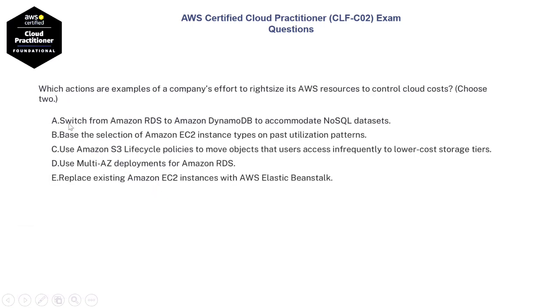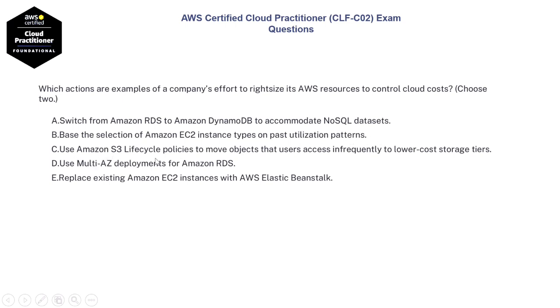Next question. Which actions are examples of a company's effort to right-size its AWS resources to control cloud costs? Choose two options. Option A, switch from Amazon RDS to Amazon DynamoDB to accommodate NoSQL datasets. Option B, base the selection of Amazon EC2 instance types on past utilization patterns.